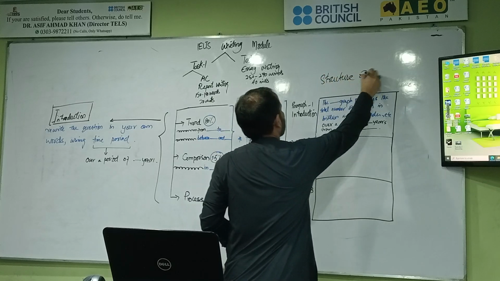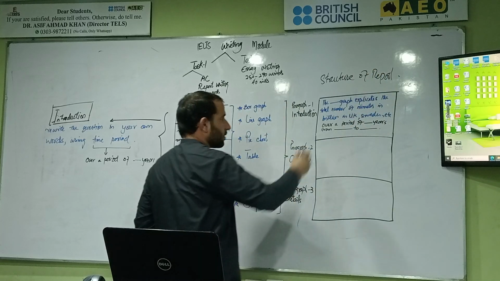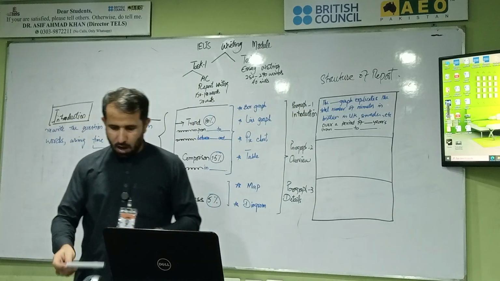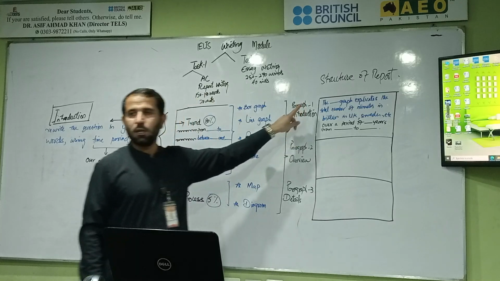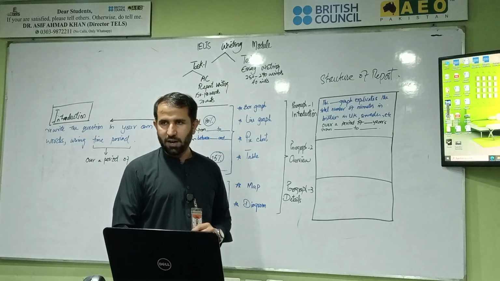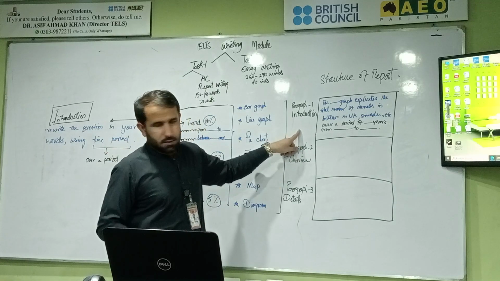Structure of report. You got the whole information. Now you are going to structure that information. How would you write? The very first paragraph you can see is the introduction of that information that you already found out from the trend or comparison.